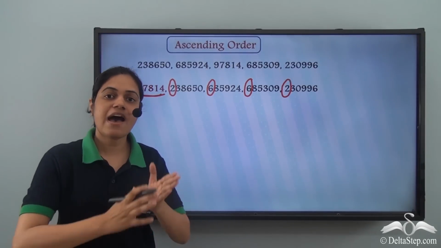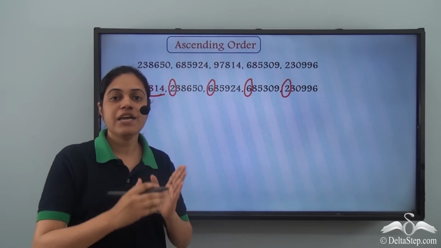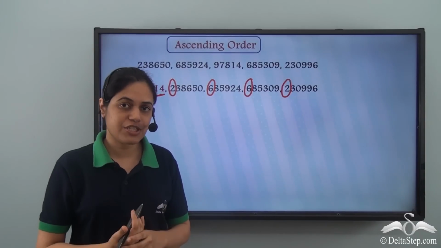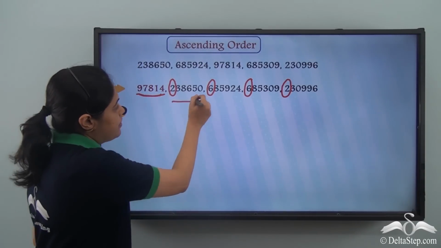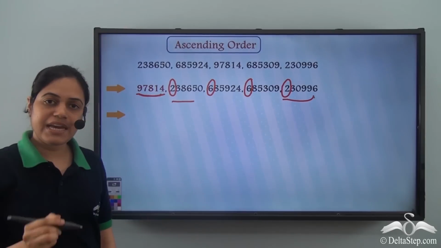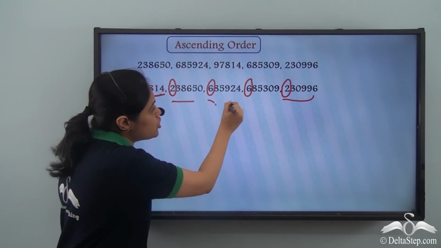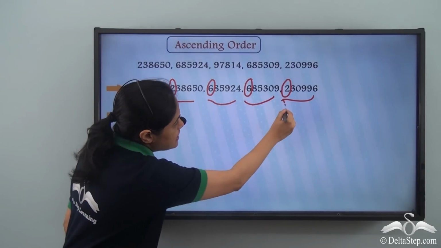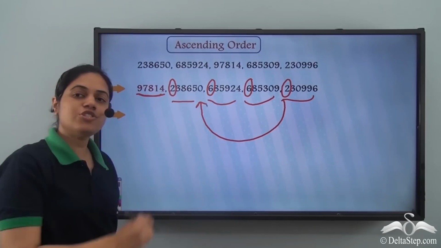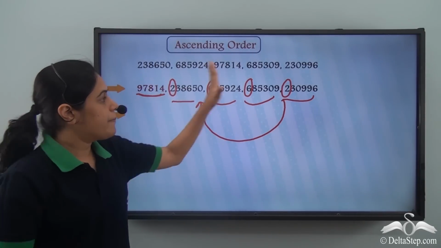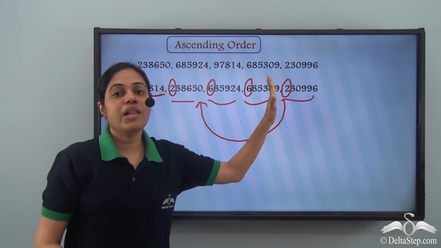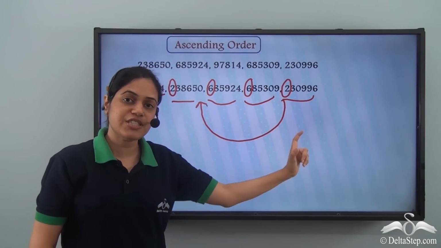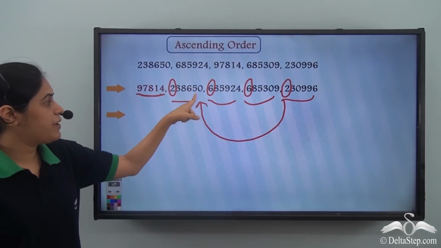So the numbers having 2 as the first digit will be less than the numbers having 6 as their first digit. So this number and this number will be less than each of these 2 numbers. This number will come before these 2 numbers. So the numbers starting with 2 will come before the numbers starting with 6 when I arrange in ascending order. So I bring this number here.